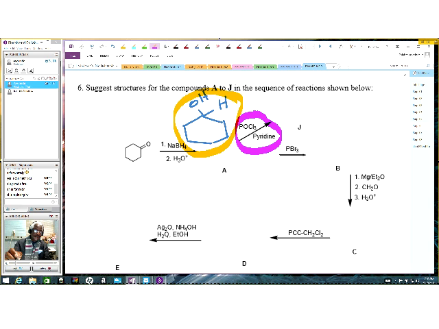Now, what happens here? Not exactly correct. Phosphorus oxychloride will perform what we call dehydration.